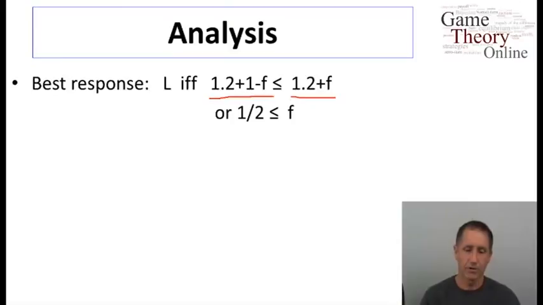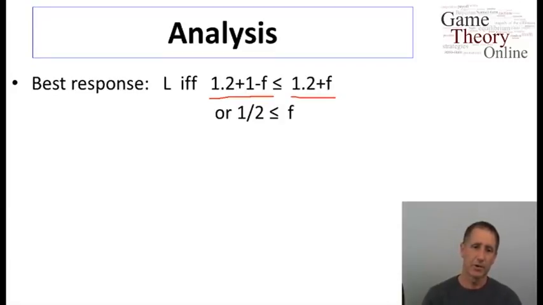If you just rearrange the terms, you see that going left is always the best thing to do if at least half the players are going right. Similarly, a very simple analysis shows you that if at most half the players are going right, that is at least half are going left, then the unique best response is to go right.